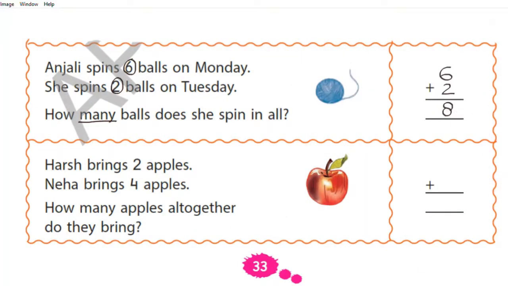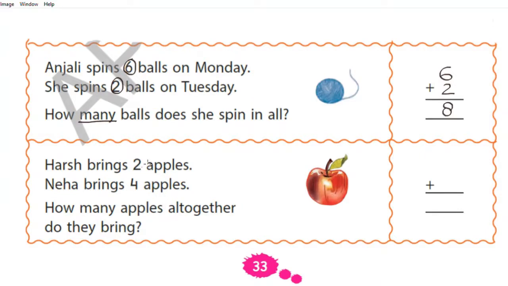Harsh brings 2 apples. Neha brings 4 apples. How many apples altogether do they bring? What does the question say? Harsh is bringing 2 apples and Neha is bringing 4 apples. And how many apples are there altogether?